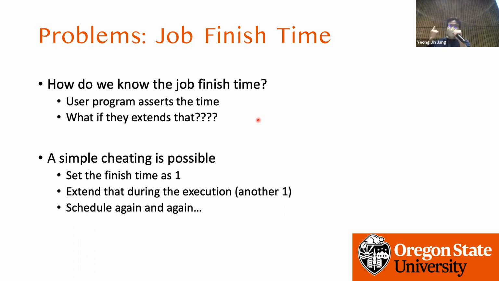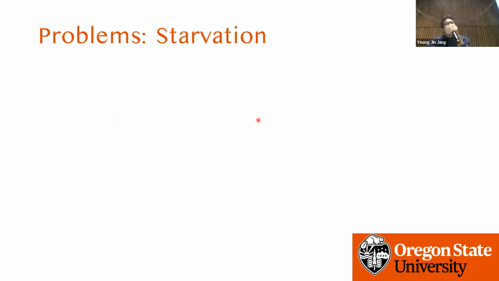And so my job will be scheduled again and again and again. So that is the drawback of shortest job first scheduling. This is called starvation, because the scheduler will never get to some of the processes if I just keep my finishing time at 1, 1, 1, 1, 1.